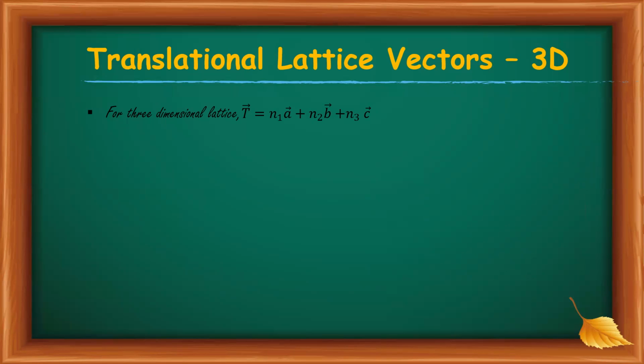In three dimensions, the space lattice can be represented as T equals n1 a plus n2 b plus n3 c.